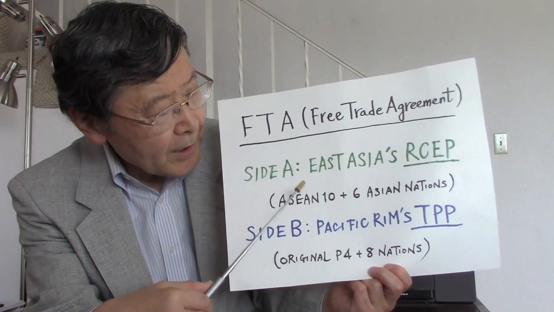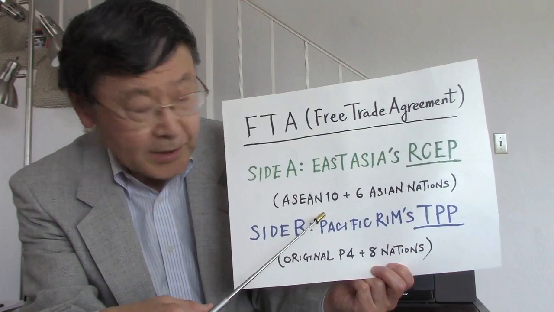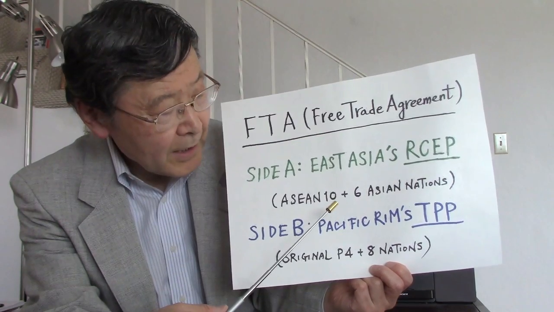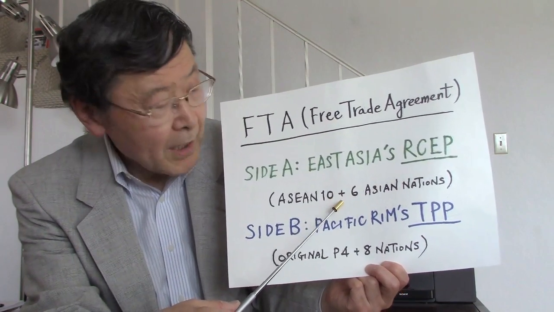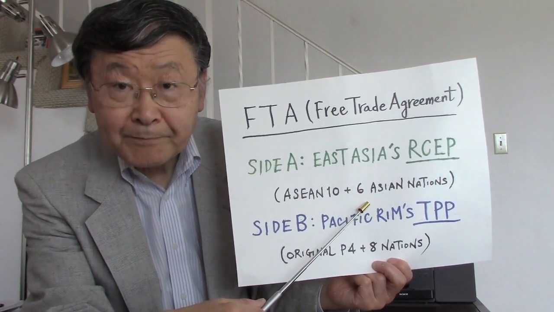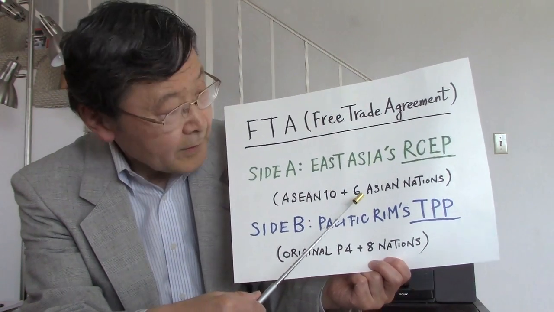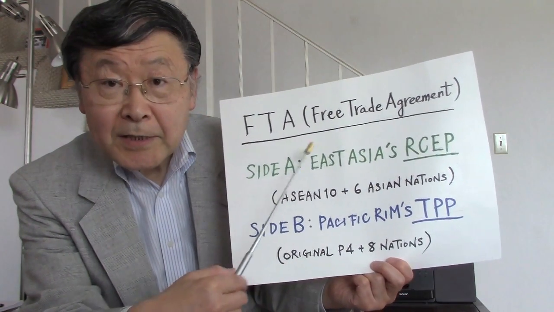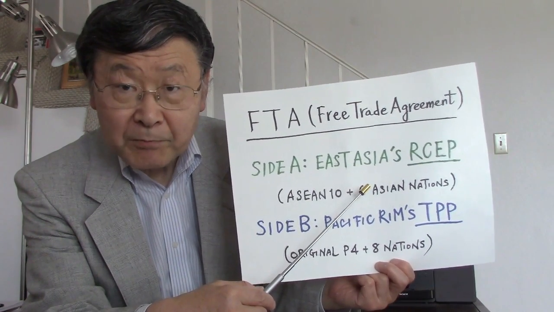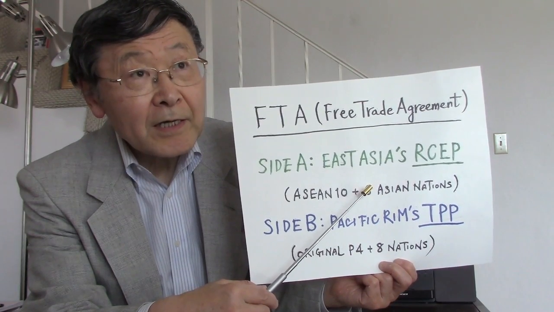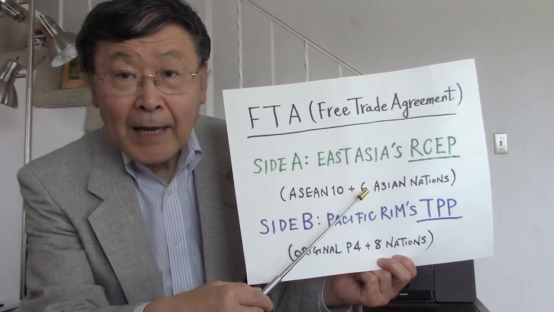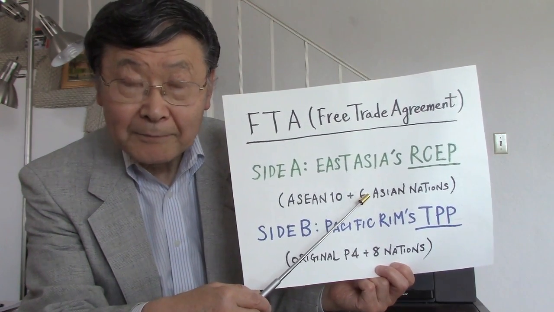That includes 16 nations in Asia: the ASEAN nations, Association of Southeast Asian Nations, 10 countries, plus 6 other Asian countries, which I'm going to explain in detail a little later. So that's East Asia's own FTA or economic partnership. That's the first approach. It sounds like an economic community in East Asia vis-a-vis the EU in Europe and NAFTA in North America.